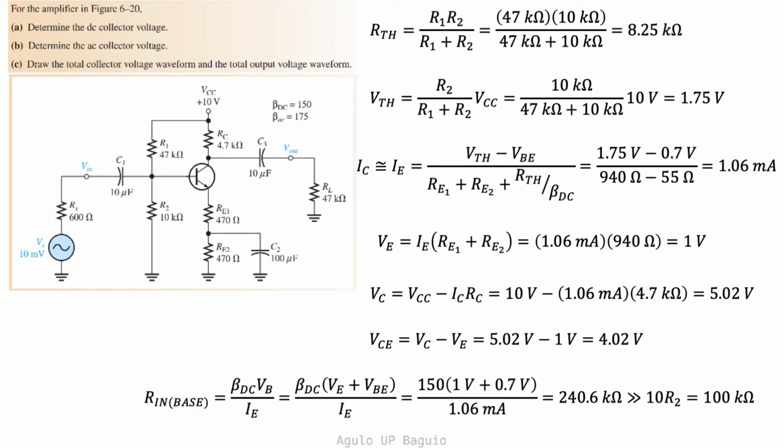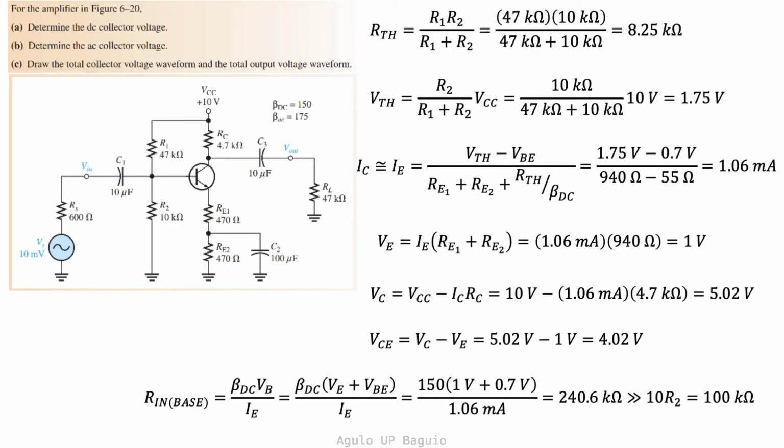We have two resistors at the emitter for swamping the effect of the AC emitter resistor. The resistor RE1 is 470 ohms and the resistor RE2 is also 470 ohms. Our DC source is 10 volts.